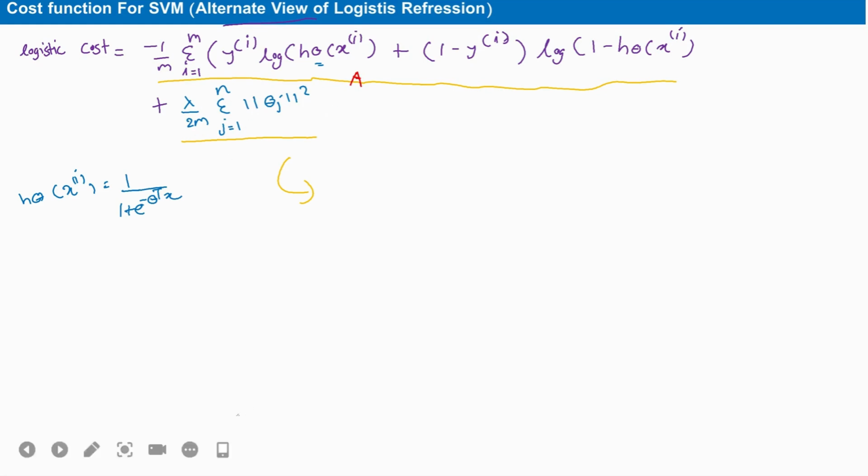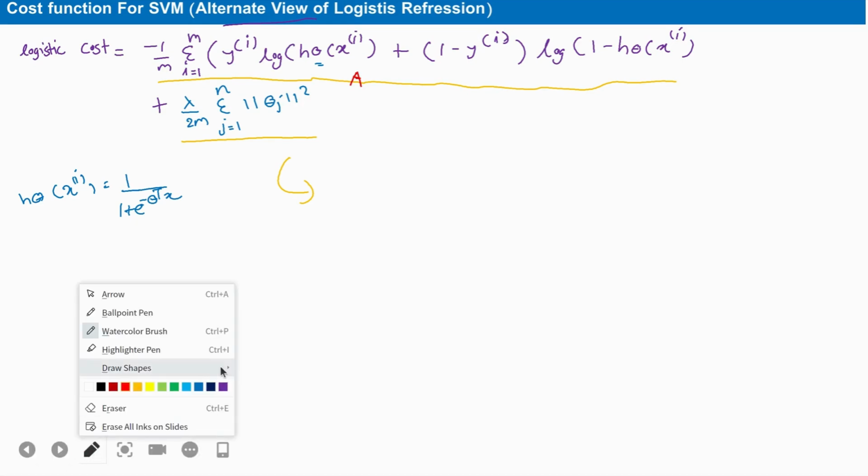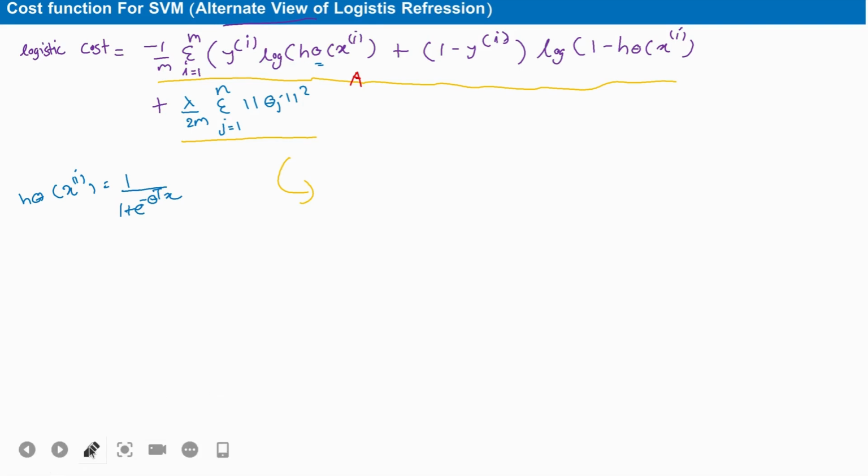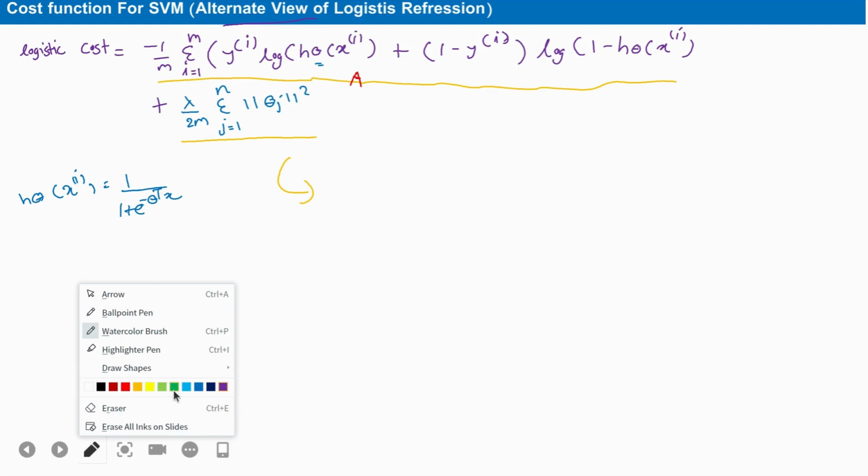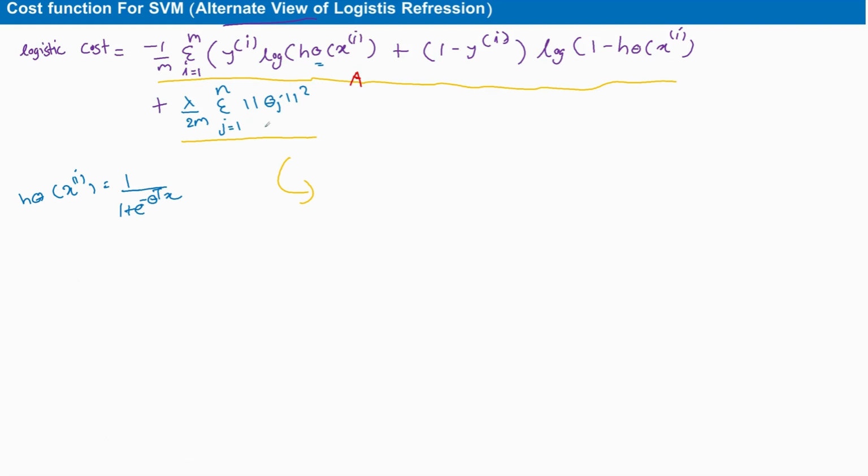And this second term, whatever the regularization thing is there, I can call as b. And with this b term, we are multiplying this gamma, which is the regularization parameter.